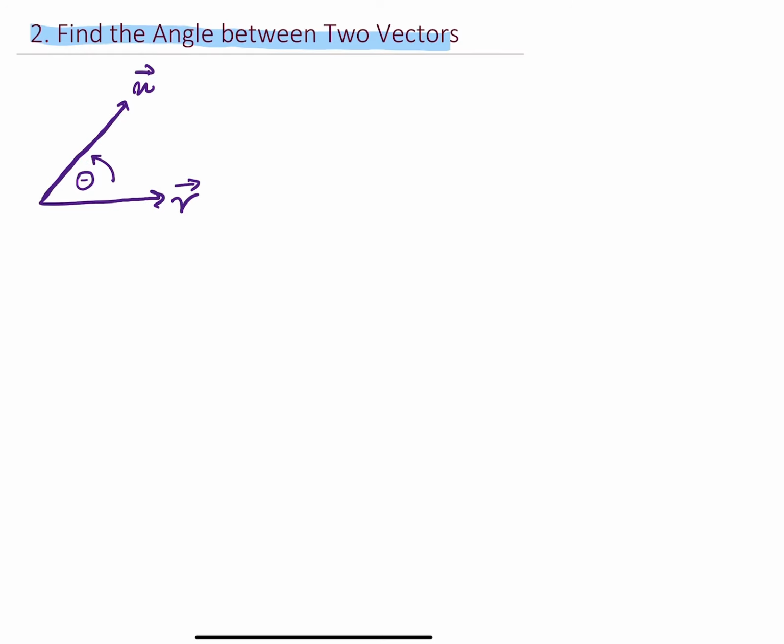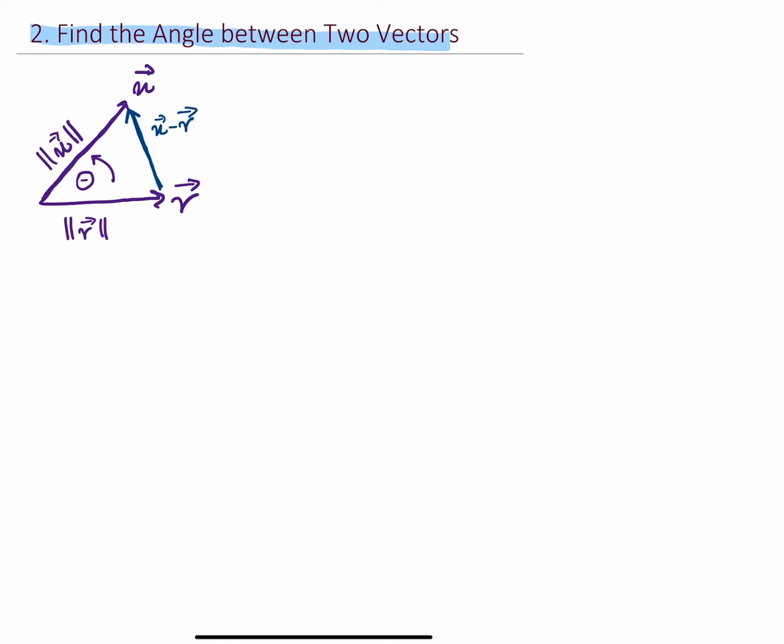If we imagine some other vector connecting these two, we can form a triangle. We could call this side of the triangle the magnitude of v. We can call this side of the triangle the magnitude of u. And this other vector, we can describe as u minus v. Vector u minus vector v.